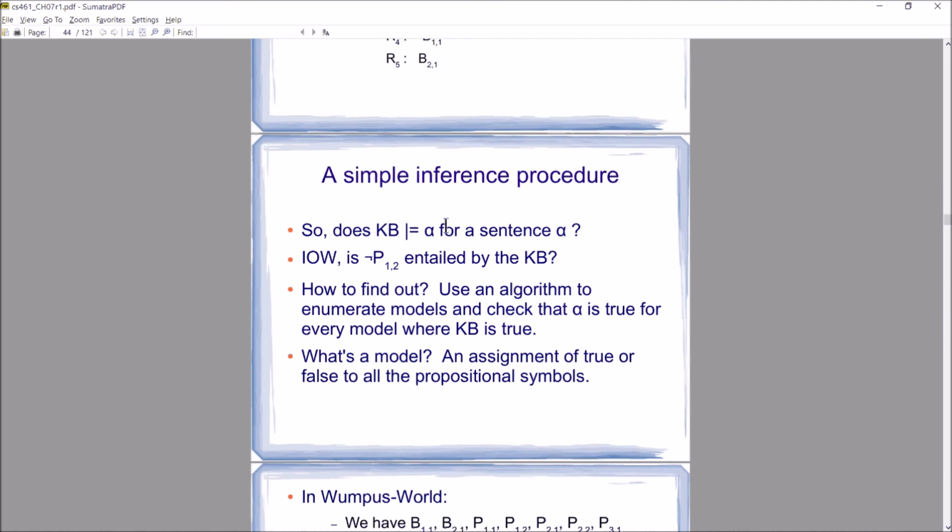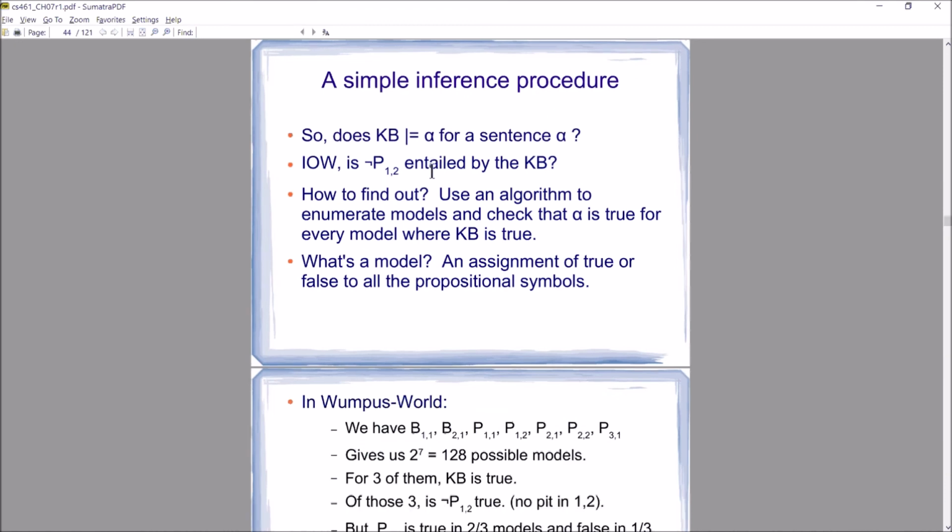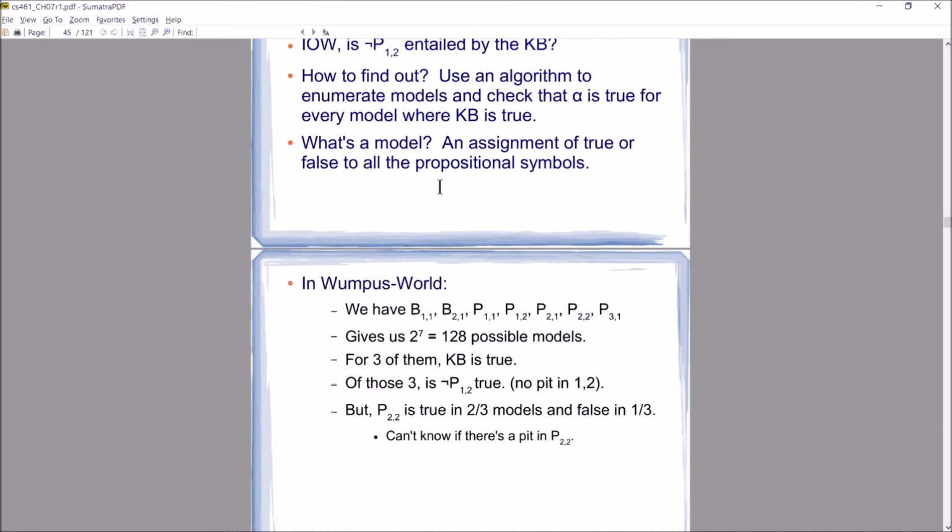Each set of assignments of truth values to those variables makes up one model, one possible world. No stench in the square, but no Wumpuses in adjacent squares? Well, that's impossible, so I'm not going to take that into consideration. All right, so we can use that algorithm.